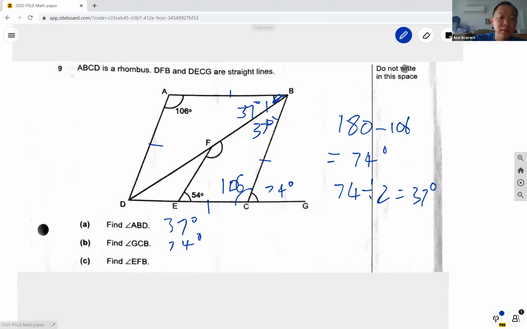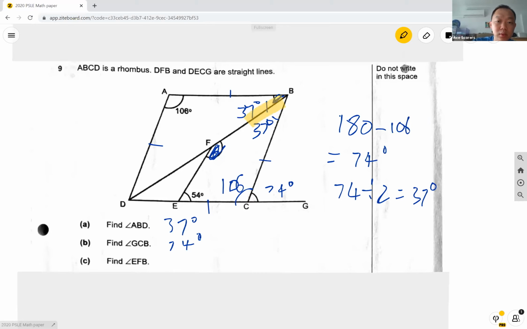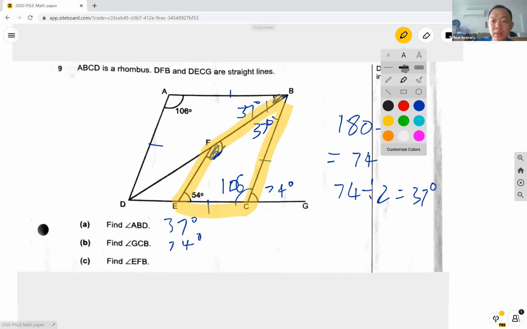To find the EFB, I will take 360 because this is a four-sided figure. Where's the four-sided figure? Let me show you. Yellow, right? This is four-sided. So four-sided is 360 degrees.